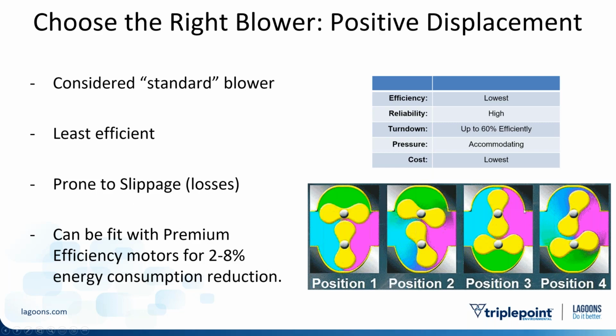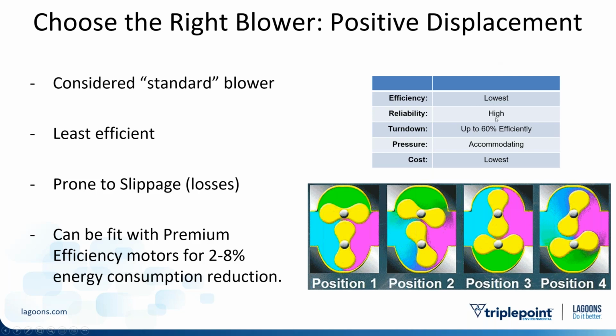So in the cycle of the rotating lobe, as you can see, there's a space here where high pressure air from one side can slip back. You spent the energy to push the air all the way around and create a high pressure zone, but it can slip back, and this creates losses. As I mentioned earlier, you can add efficient motors, but still there's a lot of efficiency losses because of that slippage. So the energy efficiency is low.